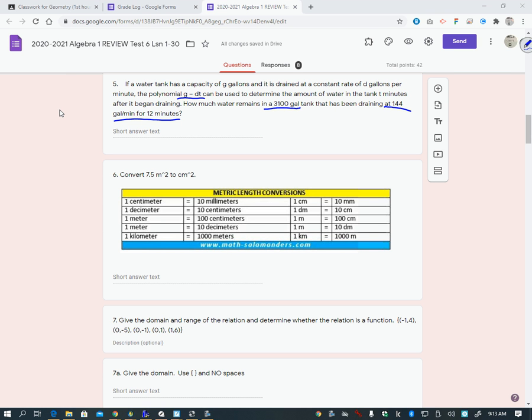So what is getting subbed in for G? All right, so 3,100 minus, what is D? Gallons per minute, right? So 144. And what is T? Times 12. So all I have to do is that math right there.